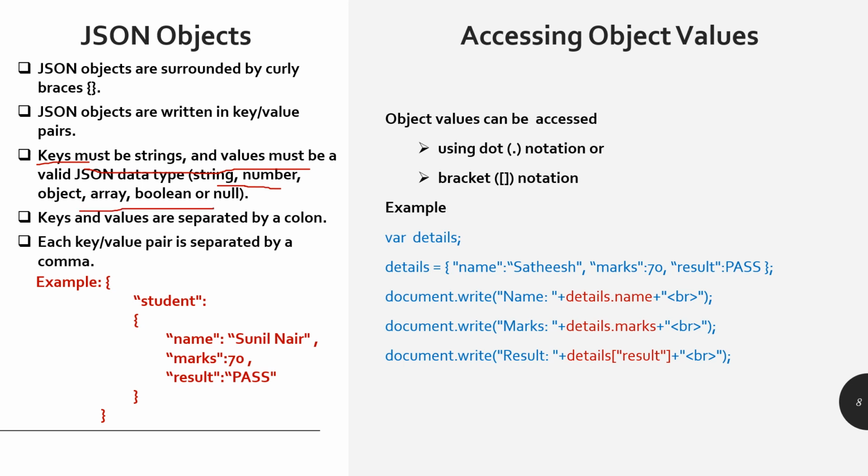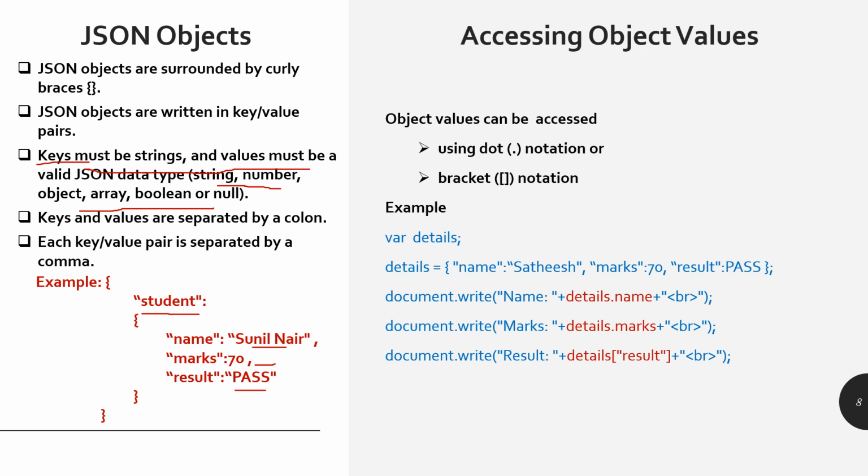I told you the key must be string. For the value you can have any data type according to your convenience. This is about JSON objects.